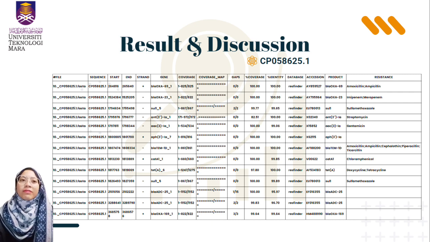The coverage map is a visual representation of the hit. 9. The gaps, which are openings or gaps in subjects. 10. The percentage coverage. 11. The percentage identity, which is the proportion of exact nucleotide matches. 12. The database used. 13. The accession number. 14. The product, if available. And last but not least is the putative antibiotic resistance.